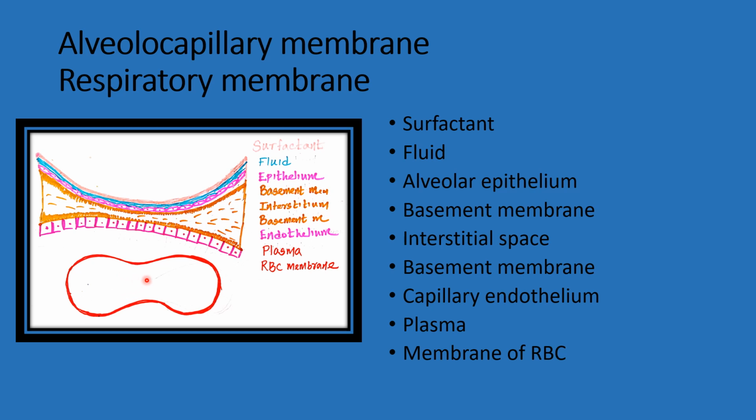Inside the RBC, hemoglobin is present. So oxygen is transported from the alveoli to the RBC and binds with the hemoglobin. Carbon dioxide is moved from the plasma to the alveoli.